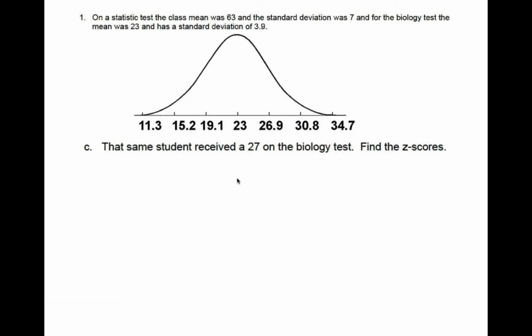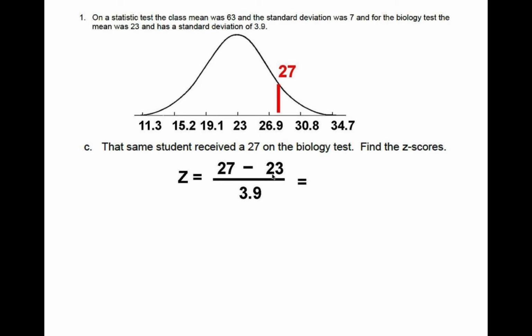Part C says that same student received a 27 on the biology test. Find the z-score. So 27. Notice that's more than one standard deviation, but less than 2 standard deviations above the mean. So we're going to find exactly how many standard deviations above. So we use the same formula. So it's z equals, our x value is 27, minus the mean of 23, divided by our standard deviation, 3.9.